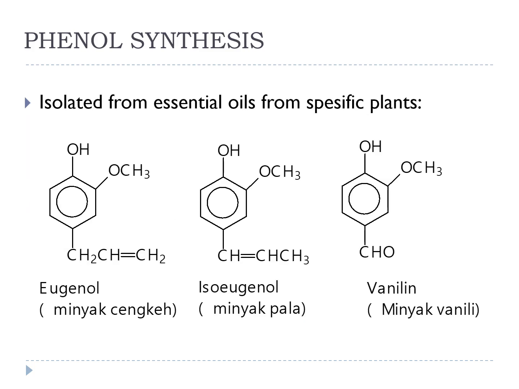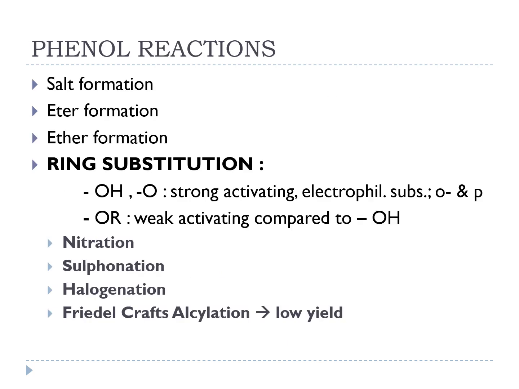And also phenol can be obtained from specific plants to get the essential oil. For example, eugenol, this is the eugenol, isoeugenol, and phenylene. Okay, phenol can also have the ring substitution reaction.